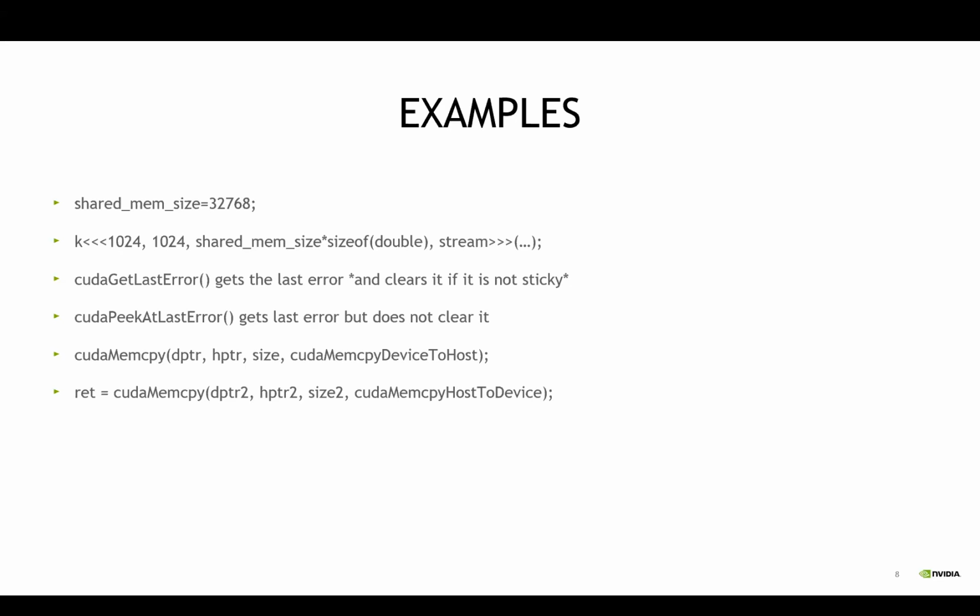In other words, it has a problem in the shared memory size. So it's going to fail with a synchronous error. If I did that kernel launch as the second to last line, and then did the ret equals CUDA memcpy as the last line, that would also not report the synchronous error associated with the kernel launch.